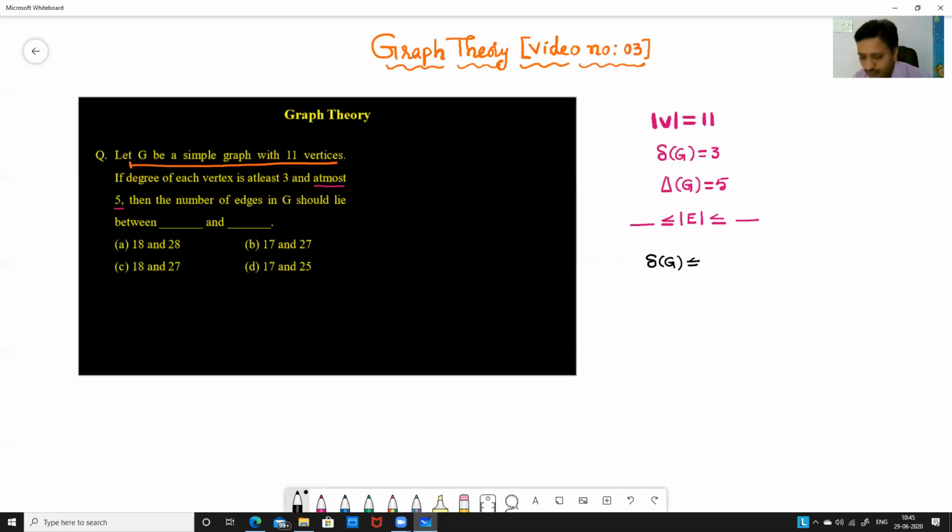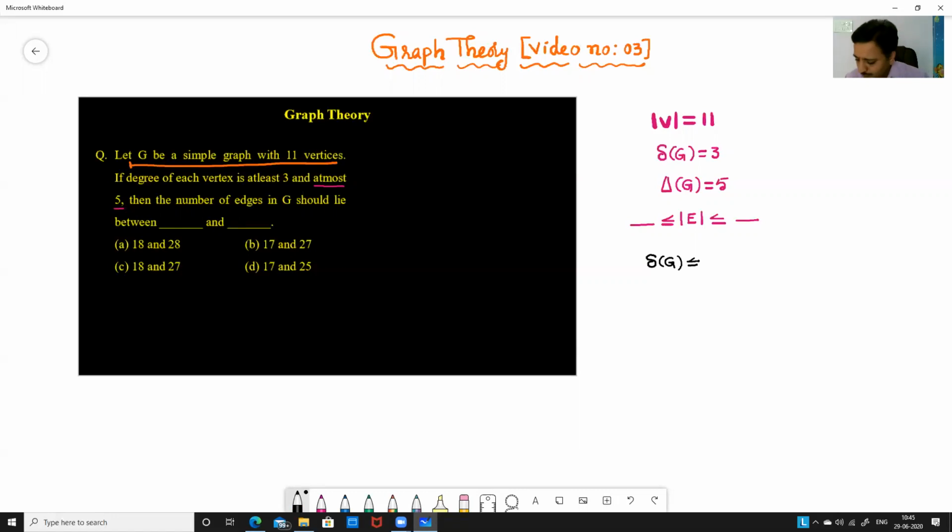always less than or equal to the average degree of a vertex. But what is the meaning of average degree of a vertex? It means the sum of degrees of all vertices divided by the total number of vertices. But the sum of degrees of all vertices equals 2 times the number of edges, by using the sum of degrees of vertices theorem.